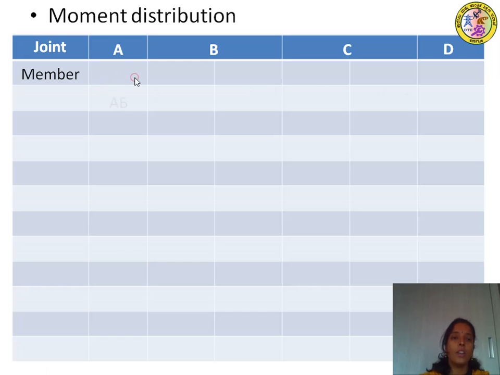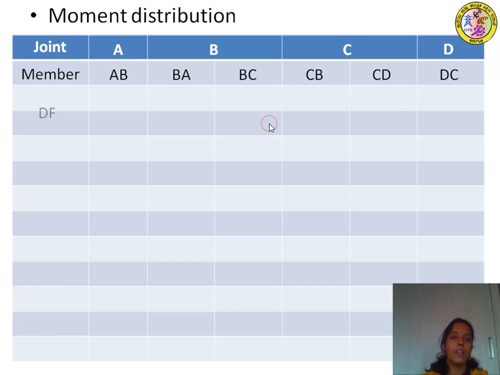So at joint A, we have member AB. At joint B, we have member BA as well as member BC. And at C, CB and CD are the members meeting at C. And at D, member DC is meeting at D.